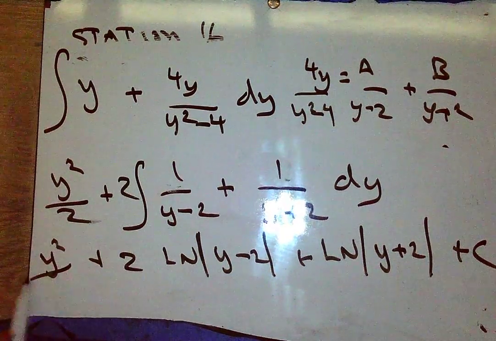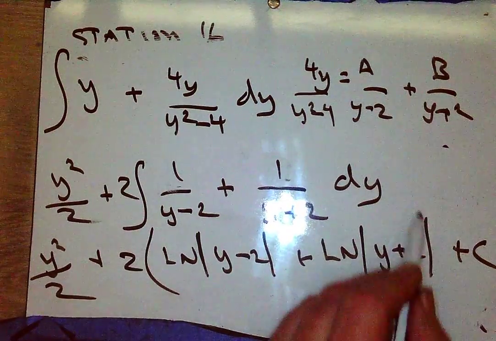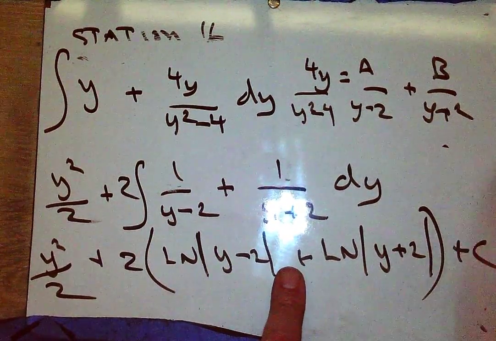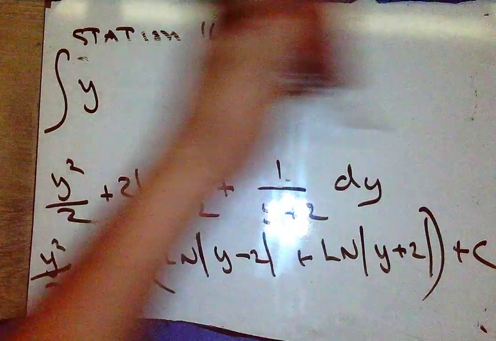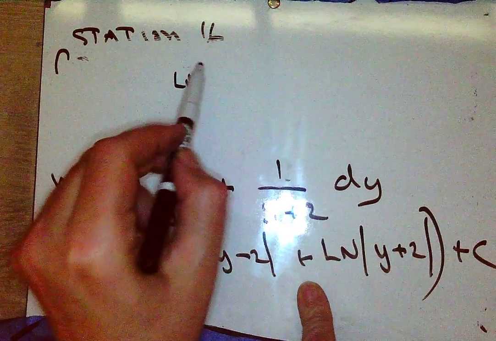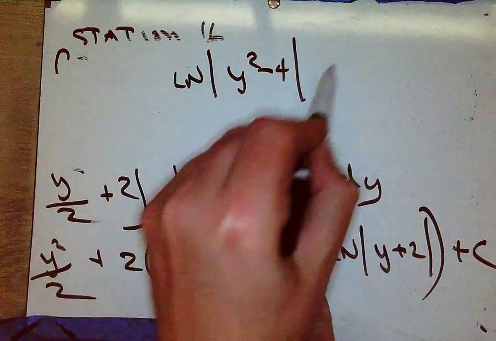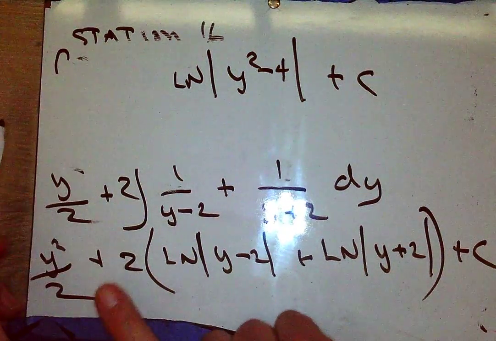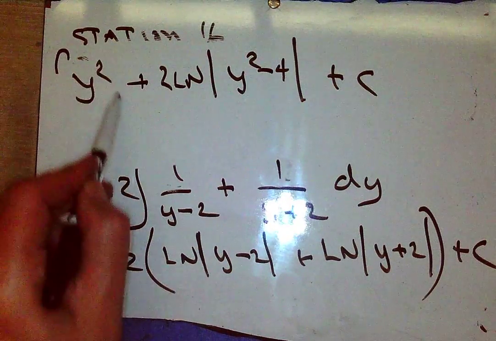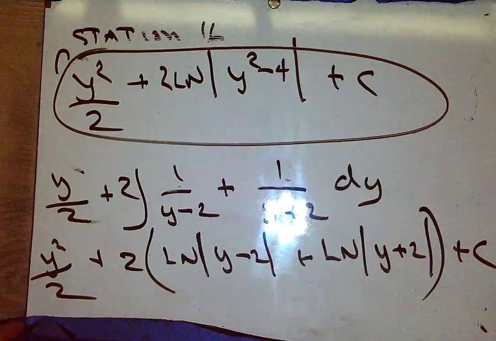And we've got a y squared over 2 here. This 2 has to go to both of these. Look, 2 logs joined with addition. Hey, wasn't there something I could do about that? Like combine them into one log with multiplication? And so that's going to be the ln of y squared minus 4. Don't forget the plus c. There's a 2 out in front, and a y squared over 2. And there we have it.